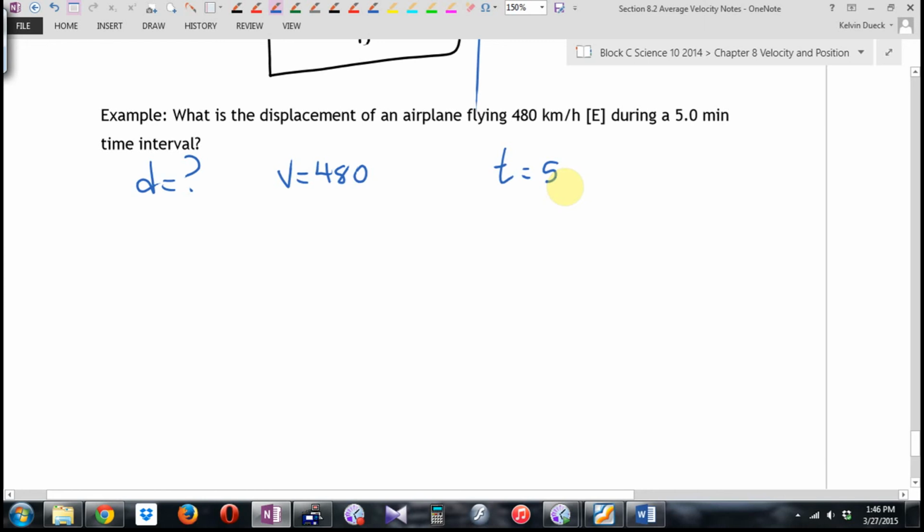Why is it yucky? The big problem here is that this is 5 minutes. I think I'd like to go to hours. How do I go from minutes to hours?